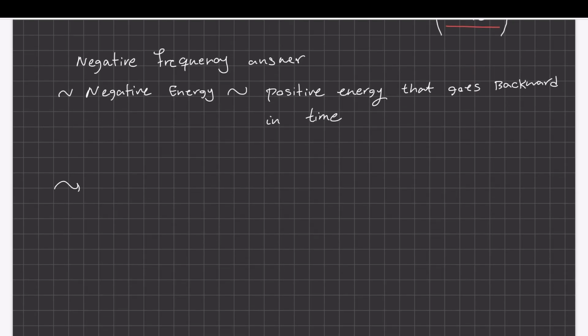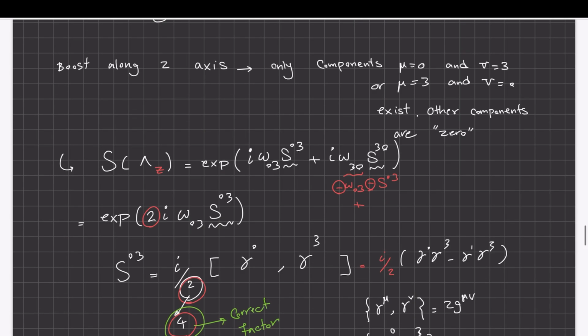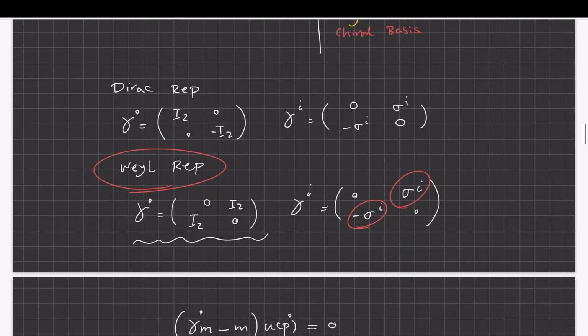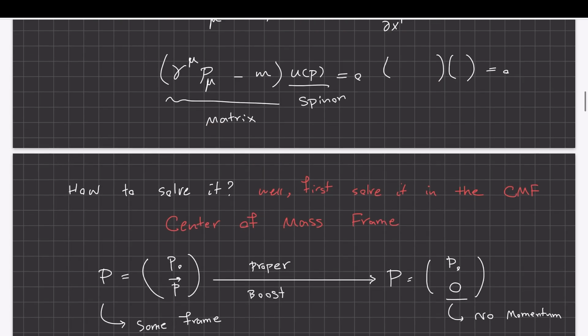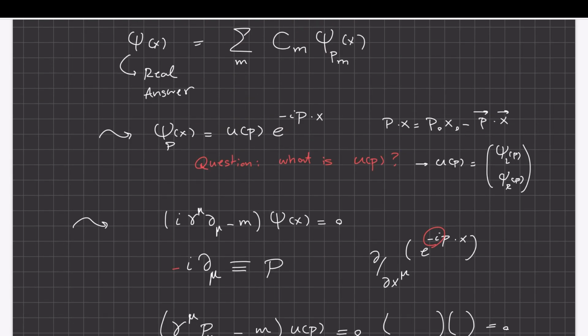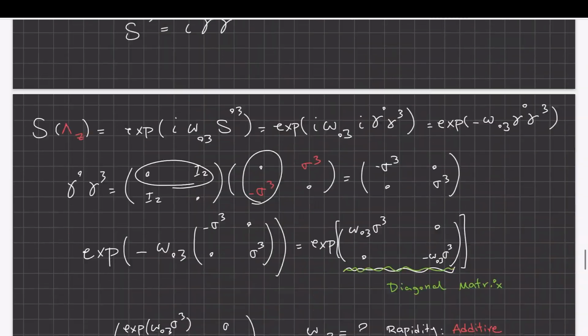We consider the positive frequency answer, and then we have the negative frequency answer in the differential equation. Usually when you have a first order or second order wave equation, you have two sets of answers. There are two sets of orthogonal series of answers, one with positive frequency and then negative frequency.